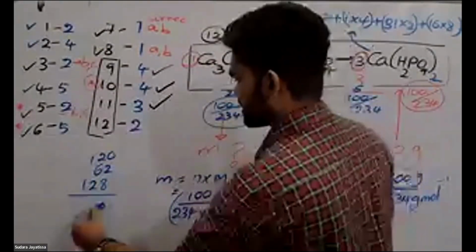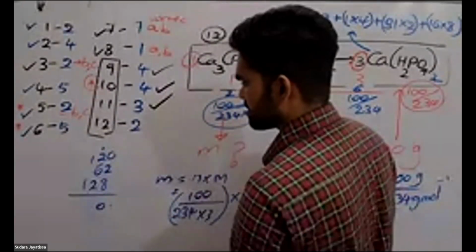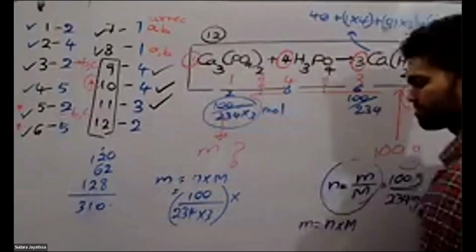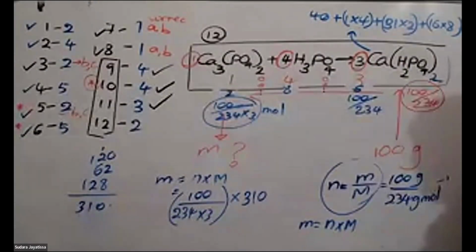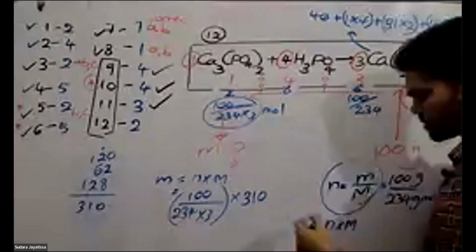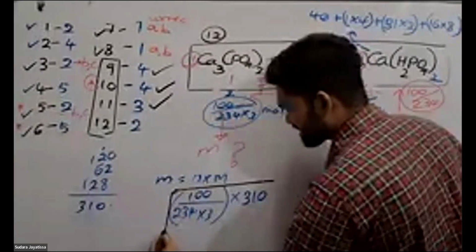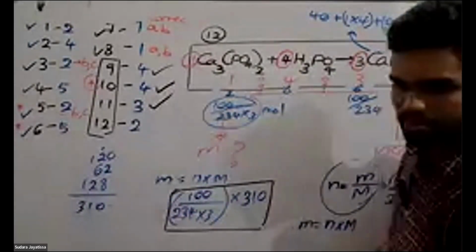Okay, so it is 310. So you have to multiply this one by 310. Is that clear? So then this is your answer. Without exactly simplifying this, by rounding it off, we can go to the answers.